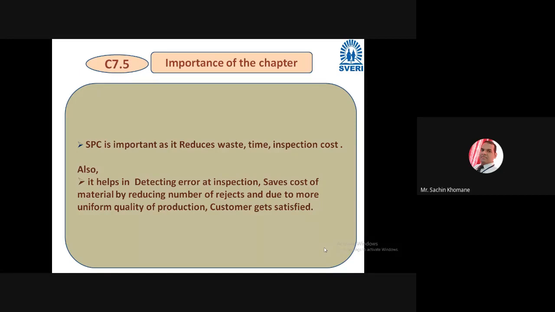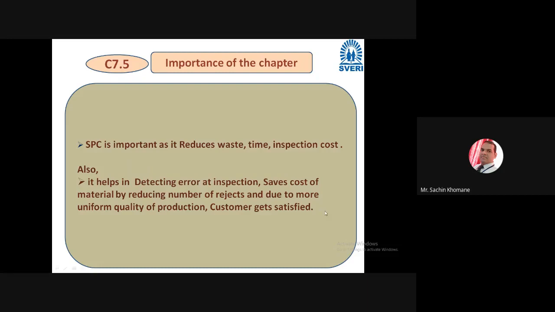So that is the inspection cost, and that also can be reduced. How, we are going to discuss with the help of certain charts. While learning these charts, you will understand how SPC is reducing waste, time and inspection cost. I have explained it in short, but remember, SPC is reducing waste, time, and inspection cost.